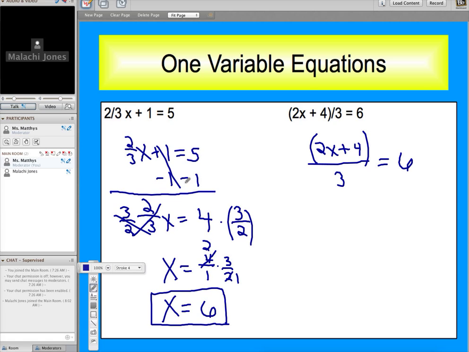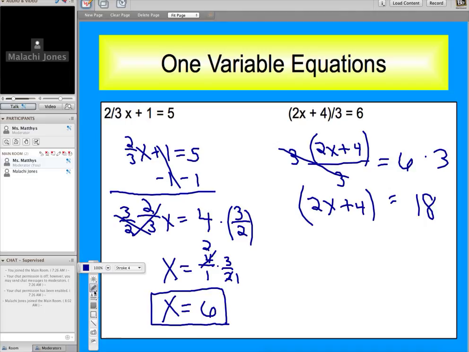You got it. Because if we multiply both sides by 3, the denominator is gone now. And now I have 2x plus 4 over here. And what is on the right-hand side? 18.